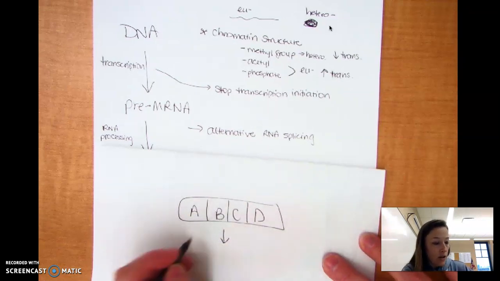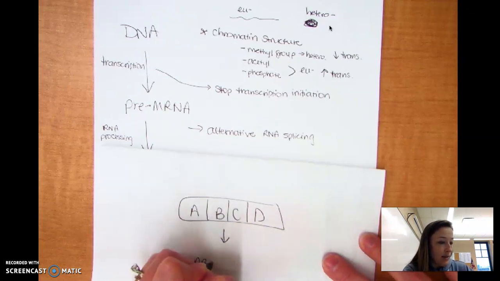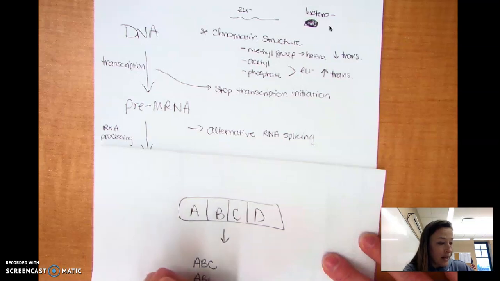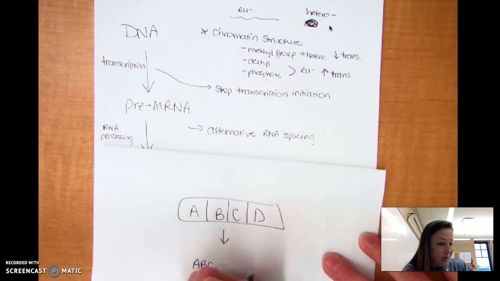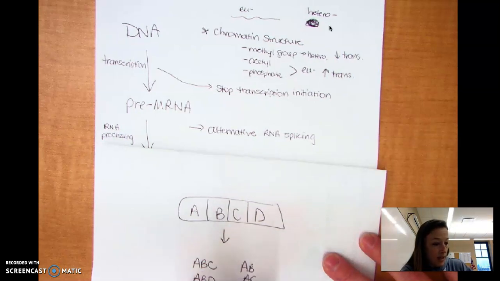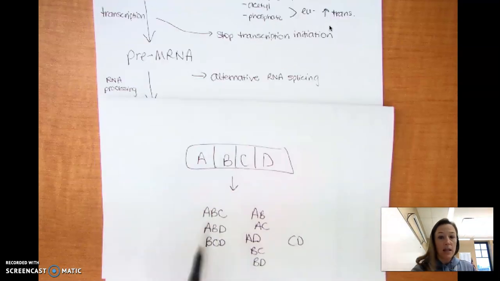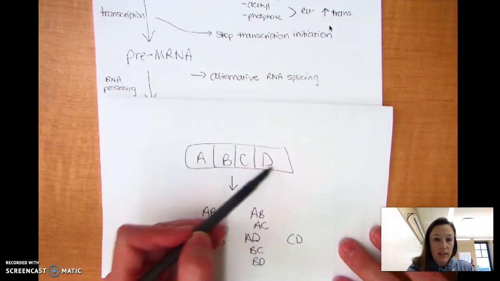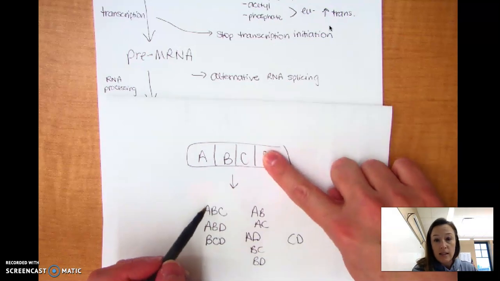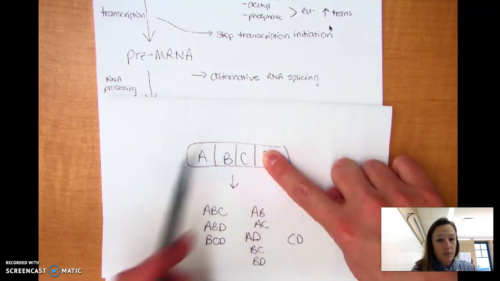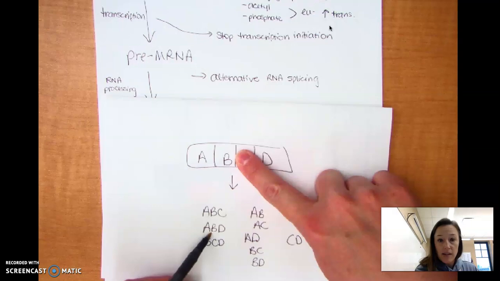From that RNA I could make protein ABC, ABD, BCD, protein AB, AC, AD, BC, BD, or CD. There are all different kinds of proteins I can make depending on what becomes introns and what's exons. In this one, D is an intron, so it gets cut out and thrown away. In this one, C is the intron.